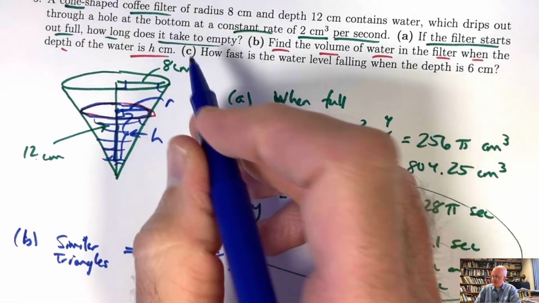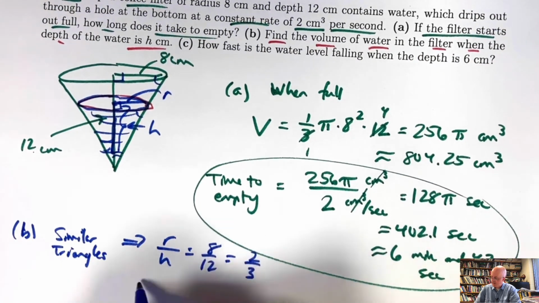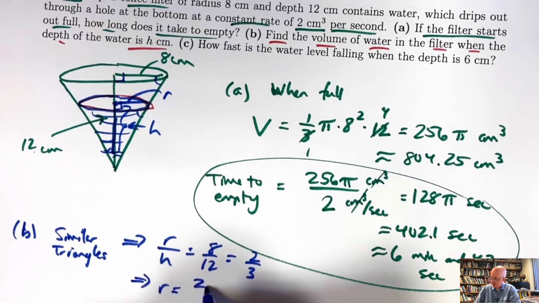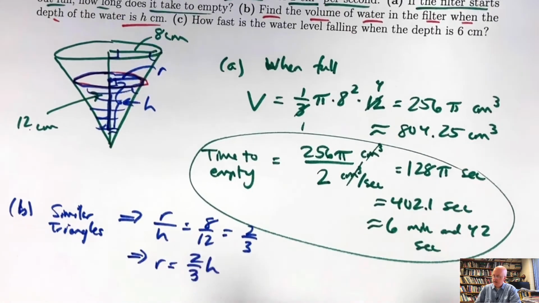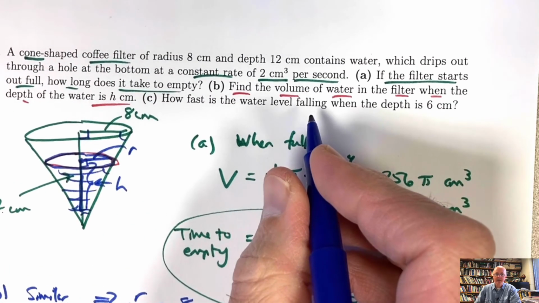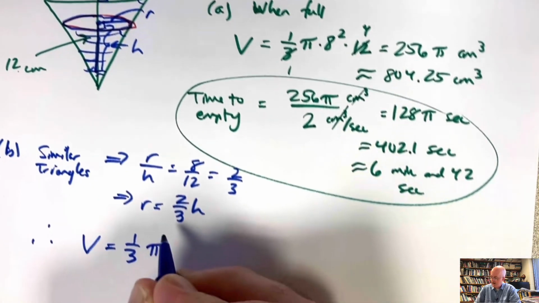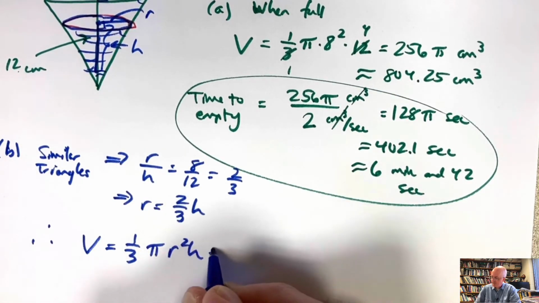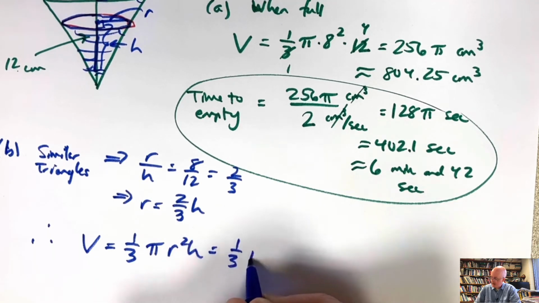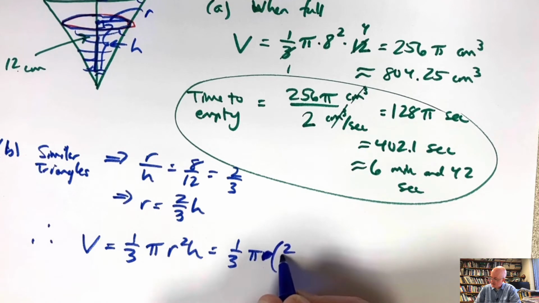Evidently, by the way part B is phrased, we want to find V as a function of h, so we should probably solve this for r as a function of h first. r is going to be 2/3 h. And therefore, to find the volume as a function of h, use the same formula as before. V is 1/3 pi r squared h, which is 1/3 pi, replace r with 2/3 h.